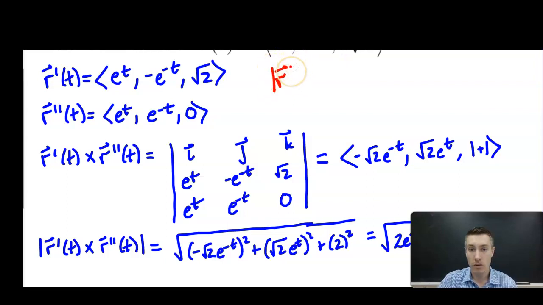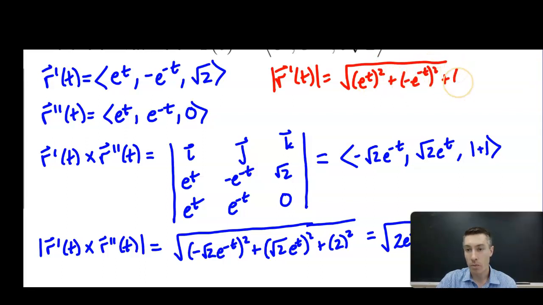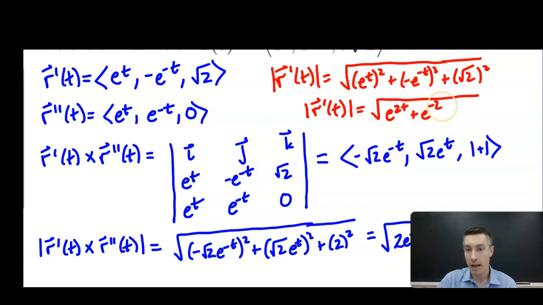So the magnitude of r prime of t is equal to the square root of e to the t squared plus negative e to the negative t squared plus the square root of 2 squared. So the magnitude of r prime of t is equal to the square root of e to the 2t plus e to the negative 2t plus 2.